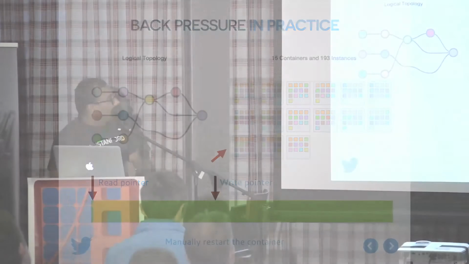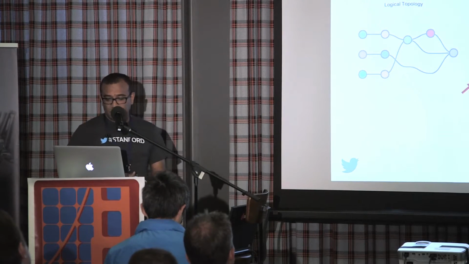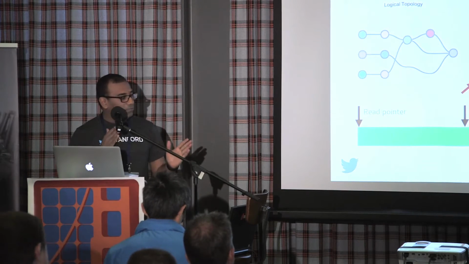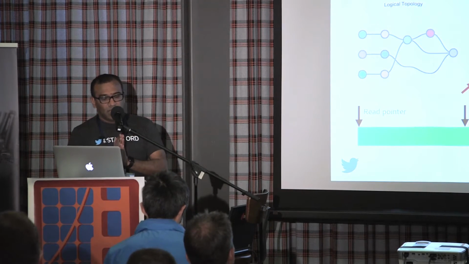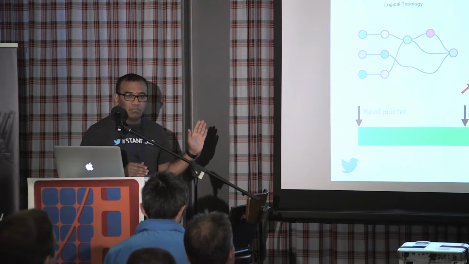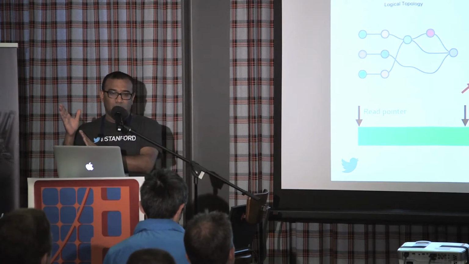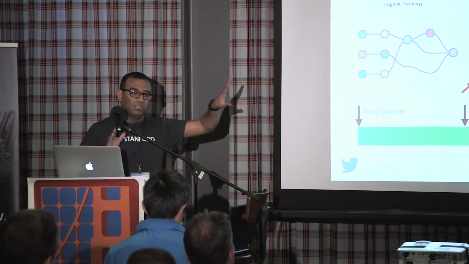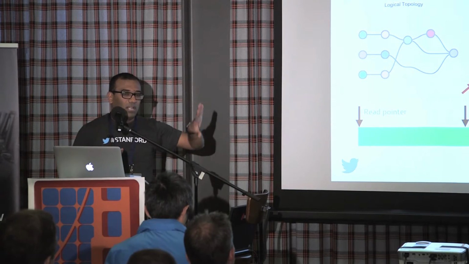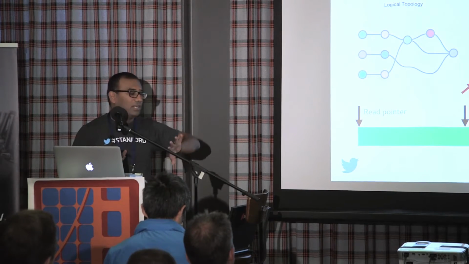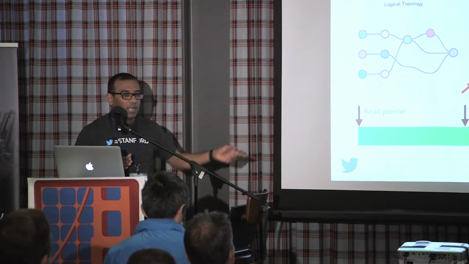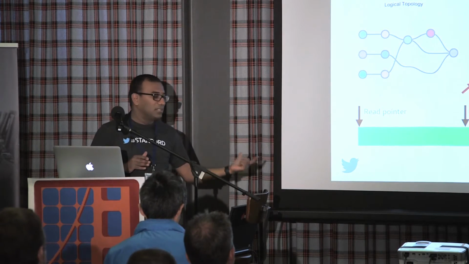So the back pressure in practice, when we looked at it: if back pressure is kicking in so heavily, then you will fall back in the read part of it, because you're pushing the back pressure to the source. Once you hit the source and the source is not consuming enough data, then you know clearly that you're falling behind. One of the measurements that we make is the lag.